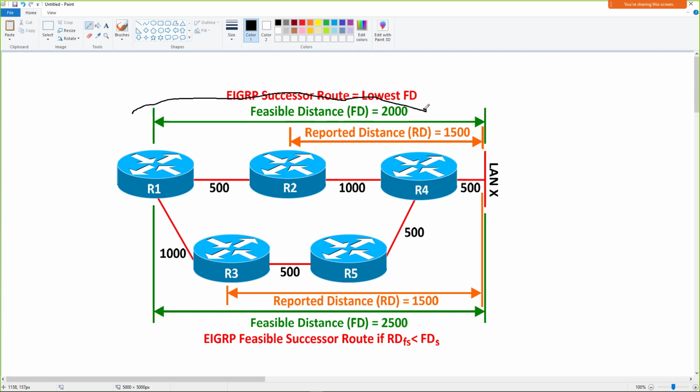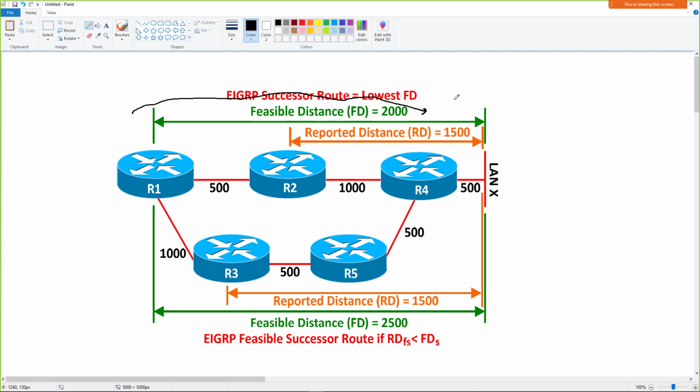We're gonna take this path to reach network X, and most protocols like OSPF and RIP, that's all they do. They just choose the best path, and they don't worry about creating some sort of alternate path. Now in OSPF, there is something called LFA, loop-free alternate, which is exactly what we're going to describe here when we talk about the feasible successor in EIGRP.